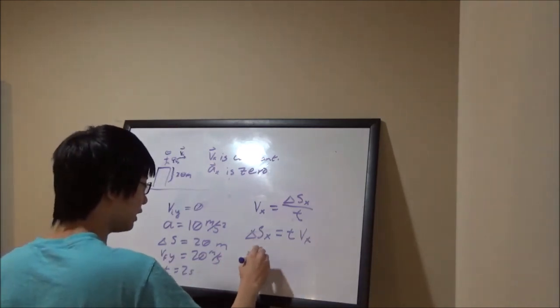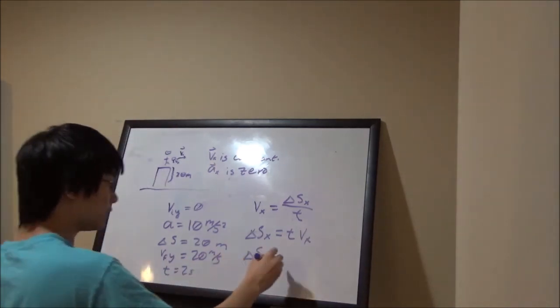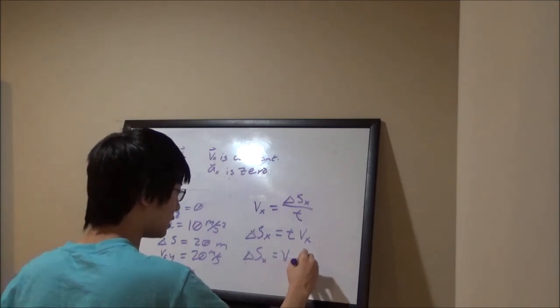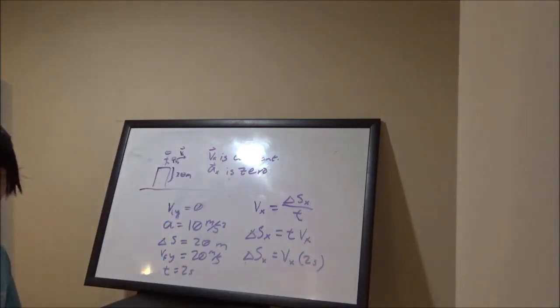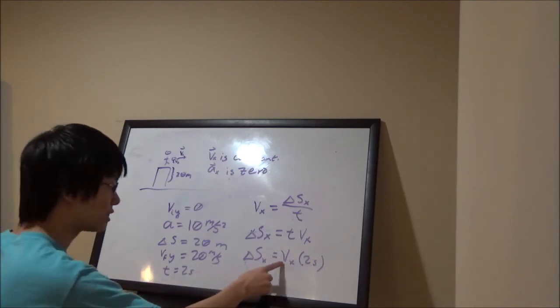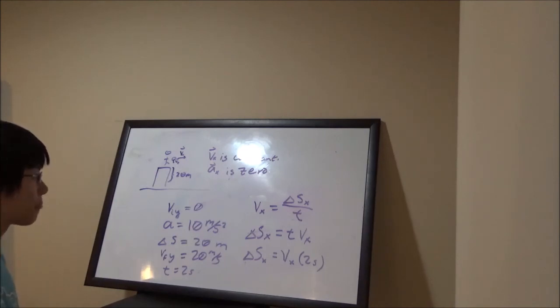So that means this is equal to 2 seconds times our initial velocity. And we've solved it actually, because no matter how you rearrange it, you can't figure out what this initial velocity is. So the problem is always going to give you this initial velocity.